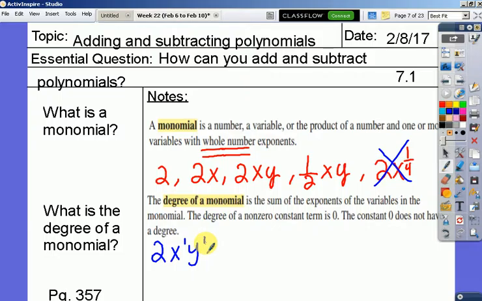And this is very important because the degree of the polynomial versus the degree of the monomial, those two things are different. And I always got confused with that when I was in school. I was like, what's the difference? I don't remember. But there is a difference. Okay, so when we're talking about monomials, meaning there's no addition and subtraction, and I'm talking about the degree, you're going to take the powers of the exponent and you're going to add them all up. So 1 plus 1 is 2, so the degree here is 2.